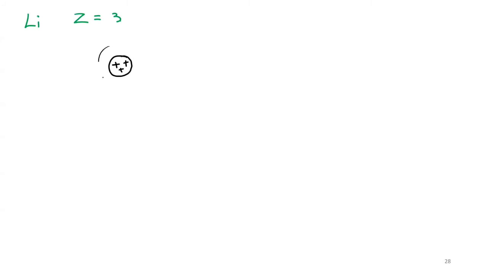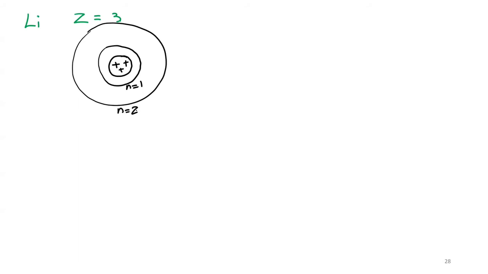I have my first energy level, which is n equals 1. And then I have my next energy level, which is n equals 2. And I have my first 2 electrons like that. And I'll put my third electron somewhere there.